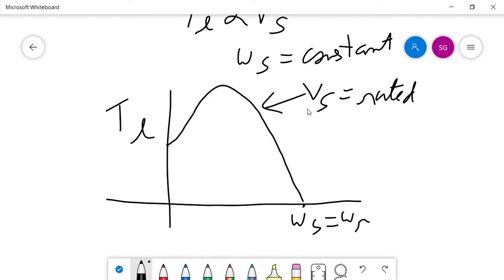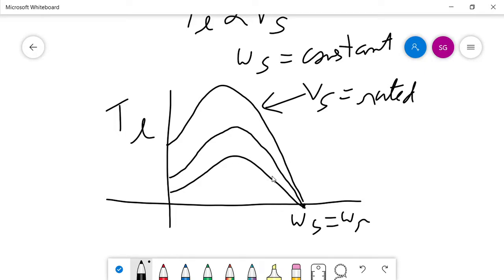So when we decrease this Vs, the electromagnetic torque will also decrease. It means whatever the starting torque is, or the torque at a particular rotor speed, that will decrease. But this omega s will not vary. So the characteristic will start from here itself only, and this will go on like this. So we can shift this curve. So we can see that this slope is changing.